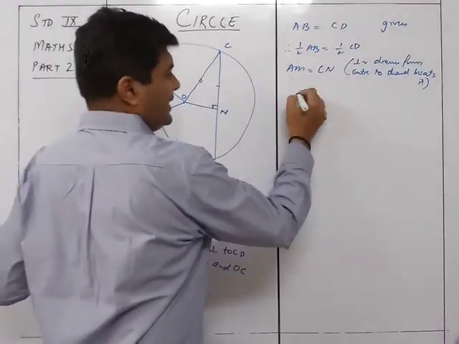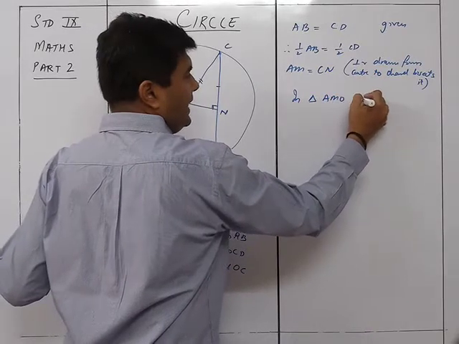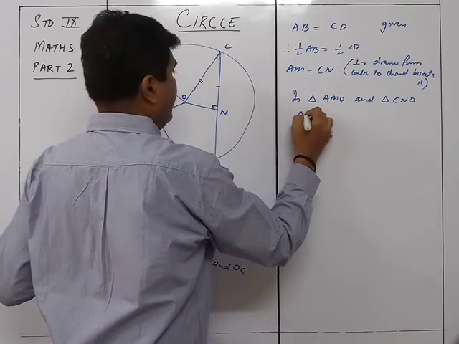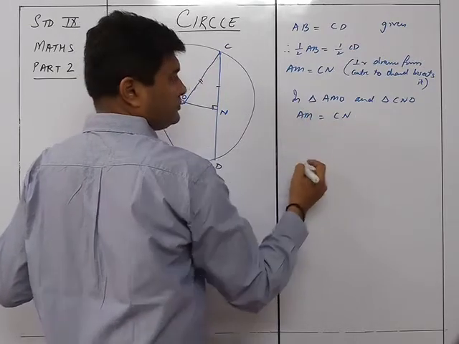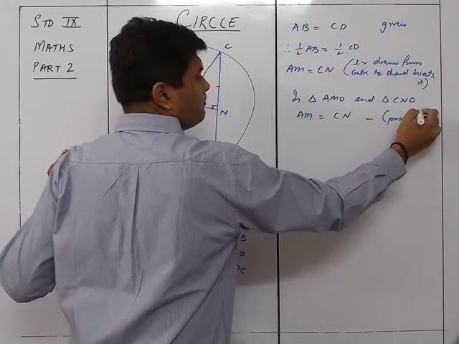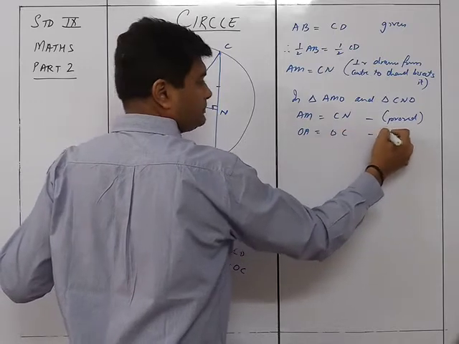Now we are going to take the two triangles. In triangle AMO and triangle CNO, we have AM is equal to CN, that is proved above. The next we have is OA is equal to OC, radii.